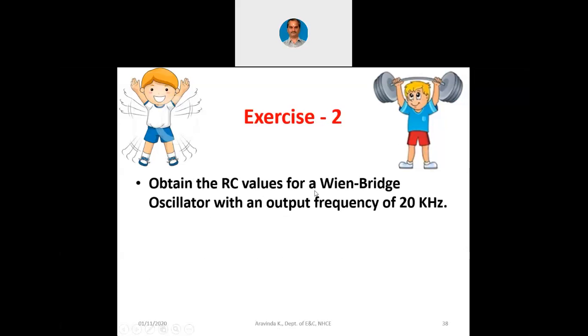Obtain the RC values for a Wien bridge oscillator with an output frequency of 20 kilohertz. Now you know the formula. F naught equals 1 over 2 pi RC. F naught is given as 20 kilohertz. Now, I am not telling you to solve this because you will have to assume one of the unknowns. You will have to assume R, then you will get C. So, let me proceed.